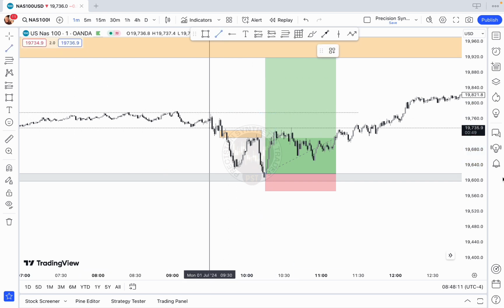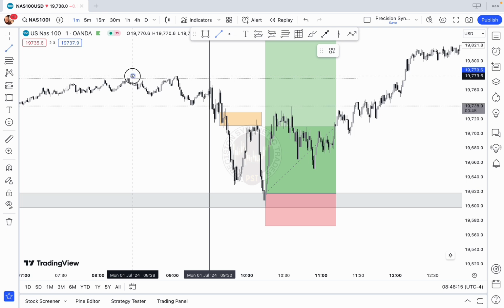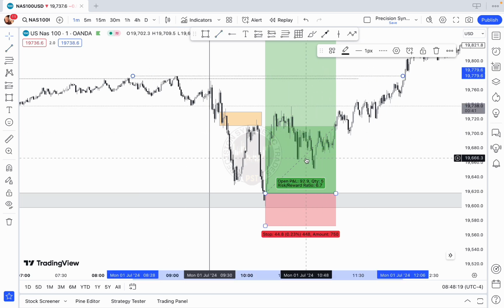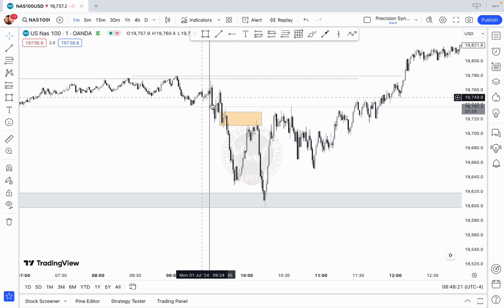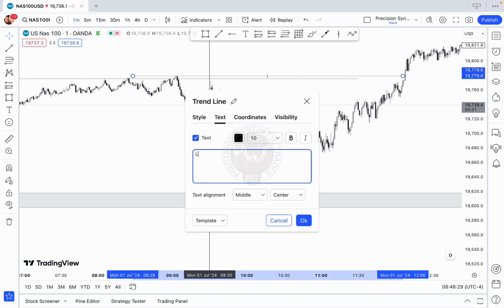The reason why I exited my trade at 1,600 pips was because of this level here. Why? Let's just delete it. Because there's relative equal highs. So what's resting above here? It's liquidity.